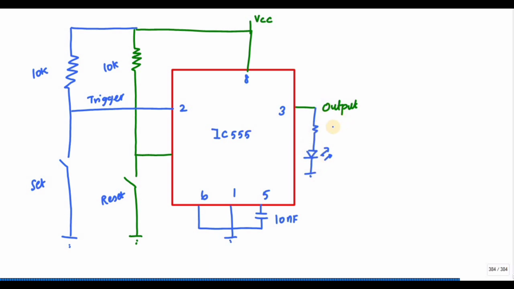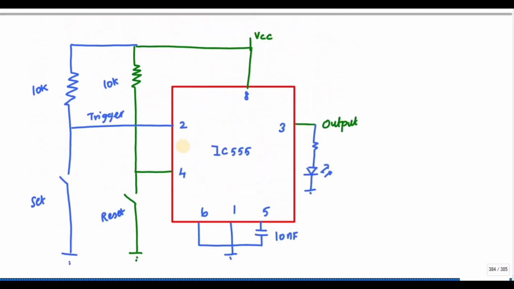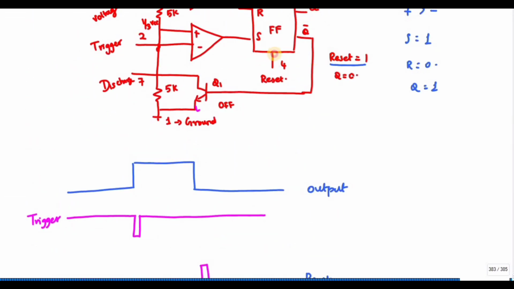So what happens if this is my reset pin, that is the 4th pin? If this is turned on, it means the 4th pin will go to 0. If the 4th pin goes to 0, I have to draw it like this, right? So now it becomes an active low. Consider this active low pin.